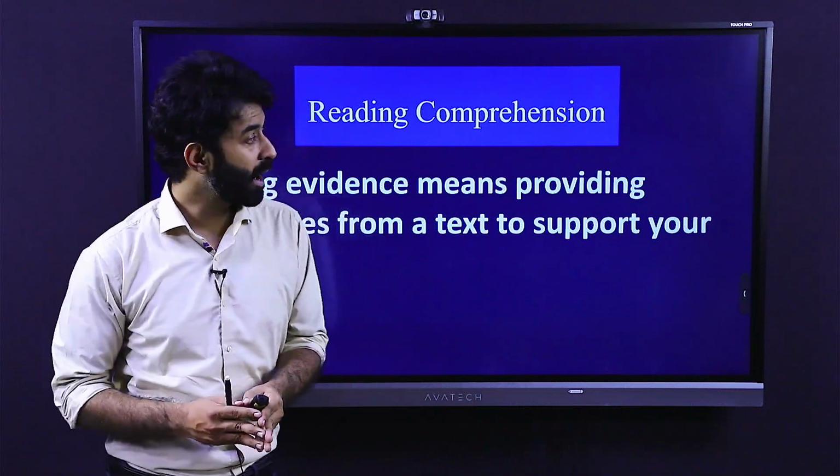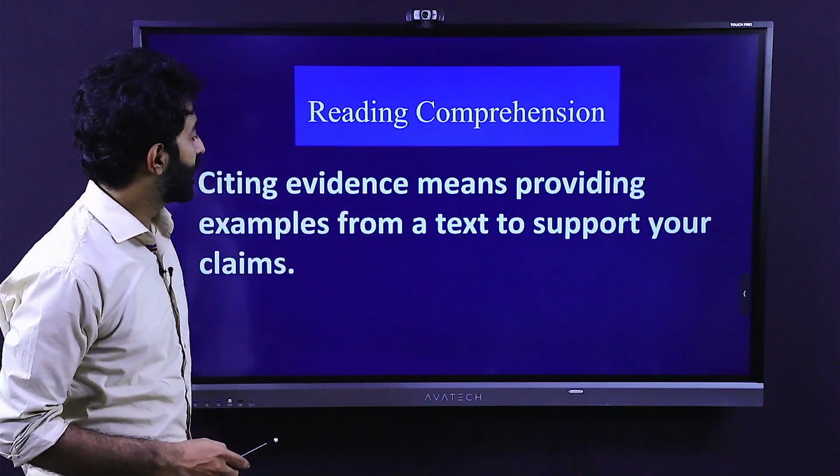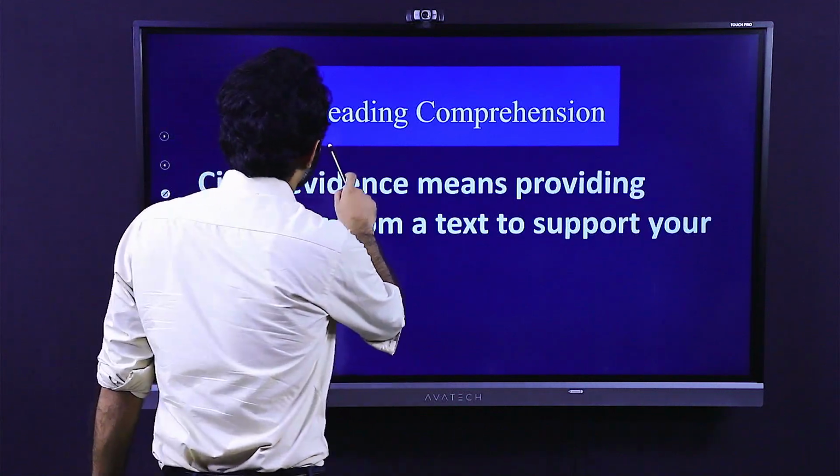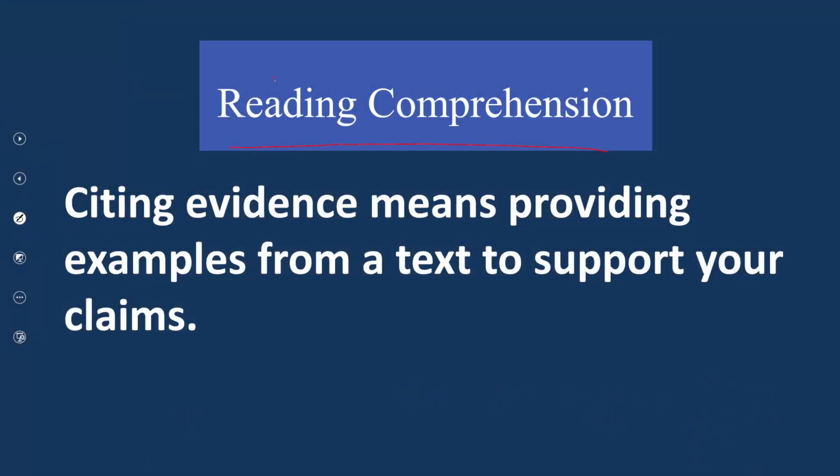Now let's talk about reading comprehension. We read for understanding and to answer some questions that show our understanding. Citing evidence. What do you mean by citing evidence? It means providing examples from a text to support your claims.